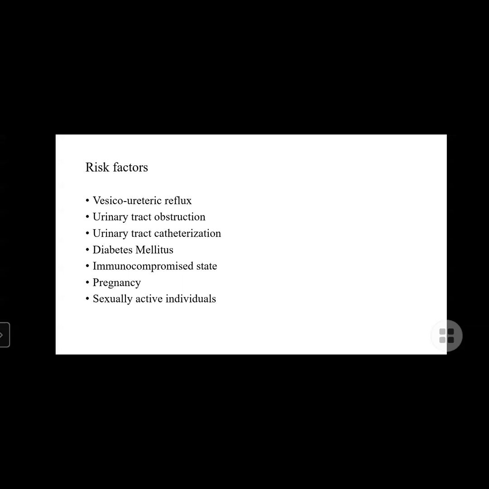The fourth risk factor is diabetes mellitus, especially in patients whose blood glucose levels are not controlled. When the blood glucose level is not controlled, it acts as a favorable environment for the bacteria to grow on. Also in immunocompromised states, since the immune system is compromised, there's a high possibility of the infection occurring, which can result in acute pyelonephritis.